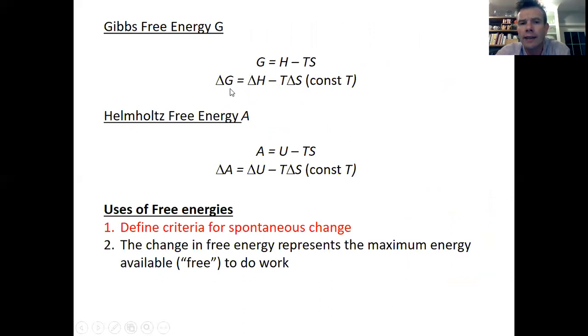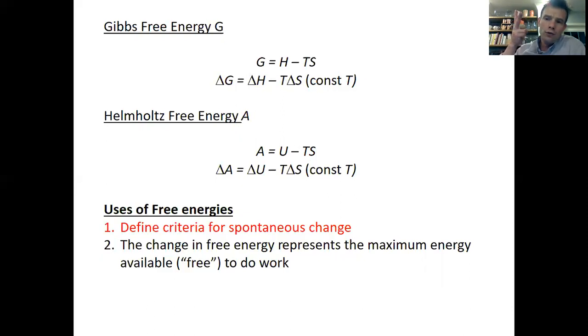Or if I have constant temperature, we often say delta G equals delta H minus T delta S. The second is the Helmholtz energy. This one you probably haven't seen before. It's given the symbol A. A is equal to U minus TS, or delta A equals delta U minus T delta S at constant temperature.